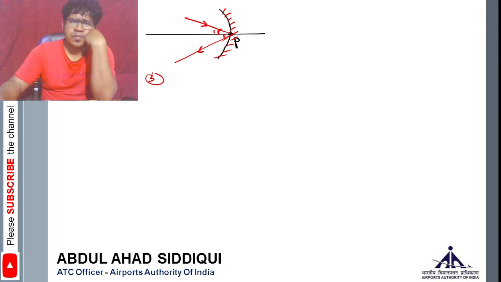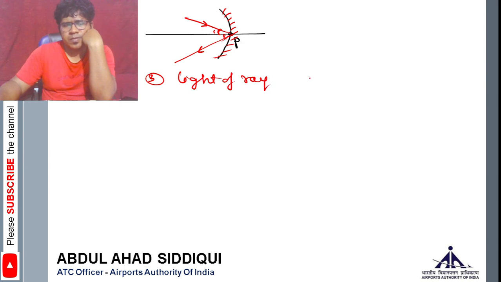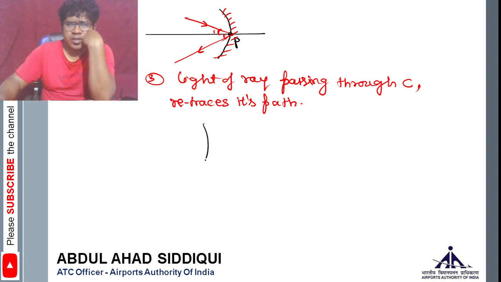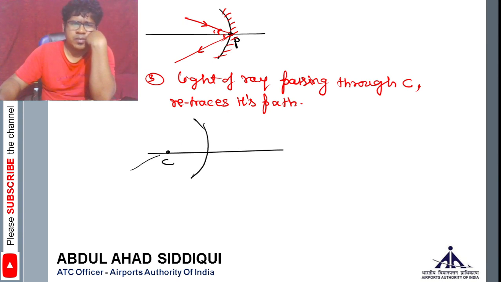The third law is, a ray of light passing through C retraces its path. Retraces its path means a ray of light which is coming this way, let's say this is the center of curvature, passes through it and simply comes back the same way.